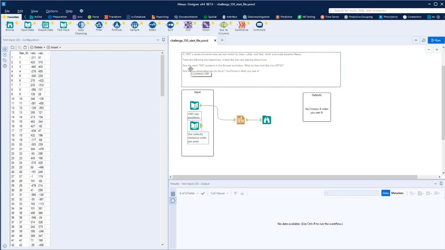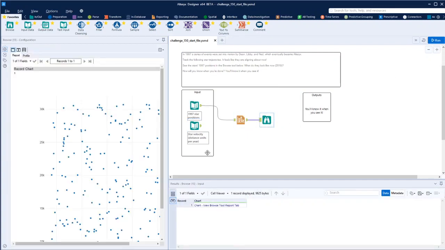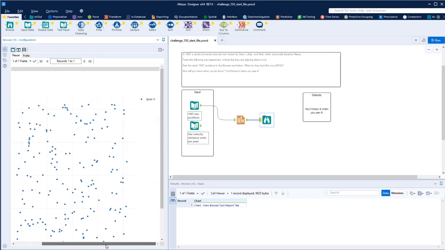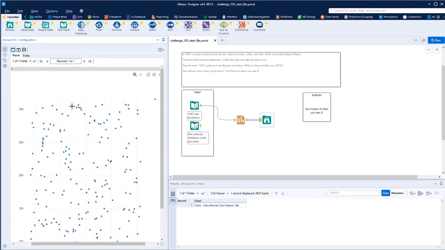So we've got the starting position in 1997, and then what do they look like now? Let's just run this and we'll see. There you go. So we've got some dots here appearing for each of the data points.